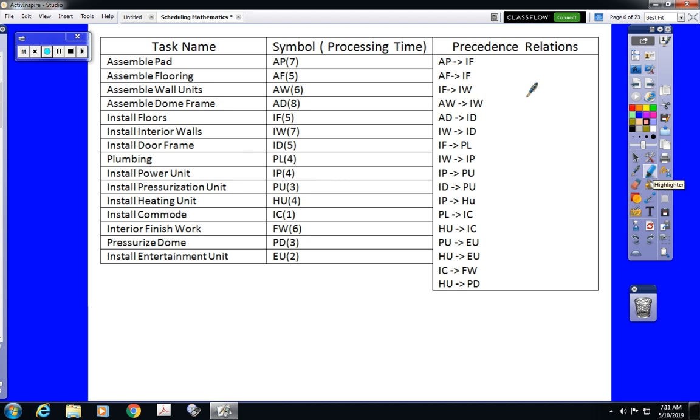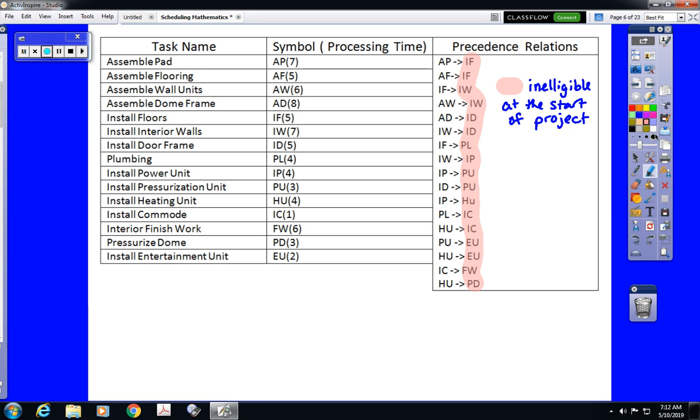So the way that we tell, and it's a very simple idea, is if we look at the tasks that are listed after the arrows, all of those tasks are ineligible at the start of the project. Because all of those tasks have something that must happen before they happen.